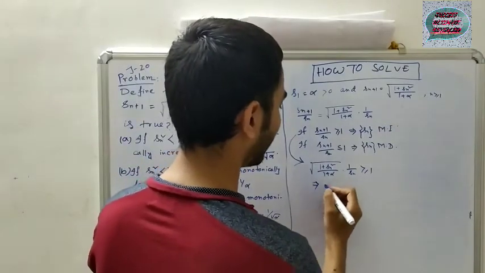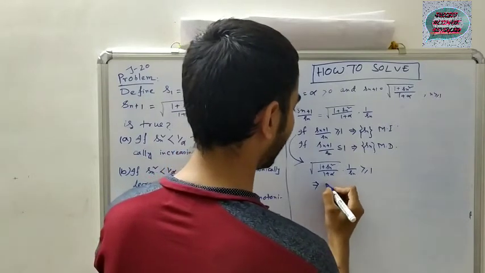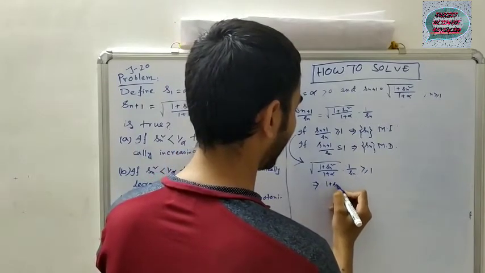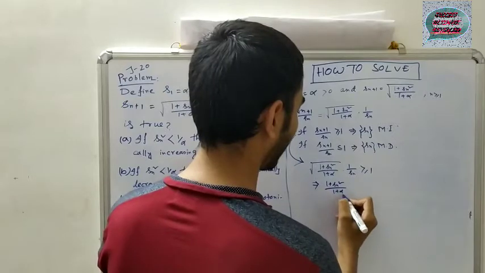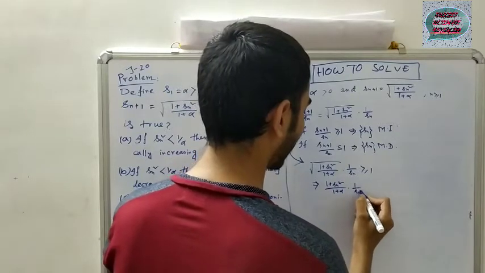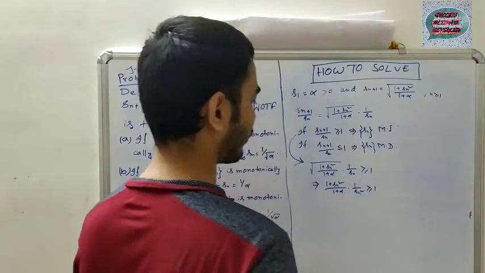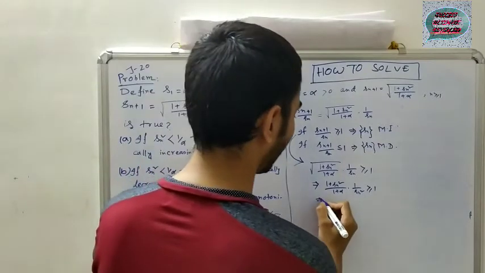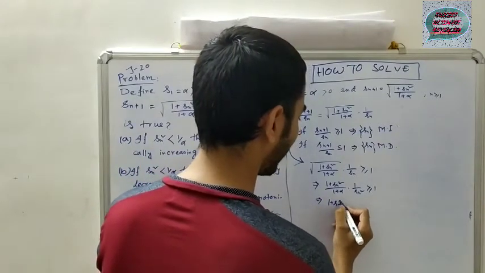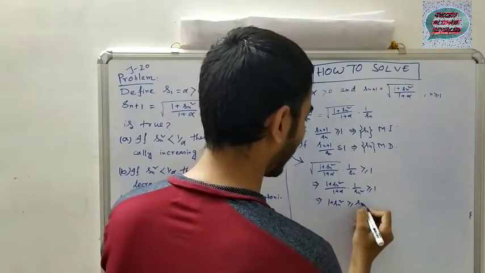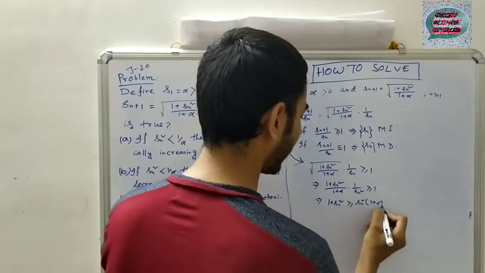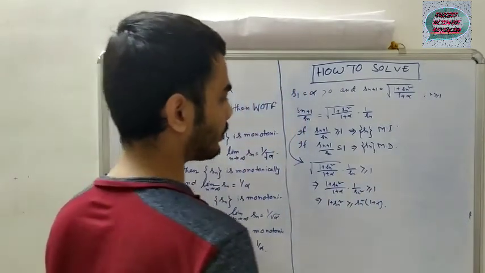This implies, squaring both sides, we get (1 plus Sn square) by (1 plus alpha) into 1 by Sn square greater or equal to 1. Clear? So this implies 1 plus Sn square is greater or equal to Sn square times (1 plus alpha). Clear?